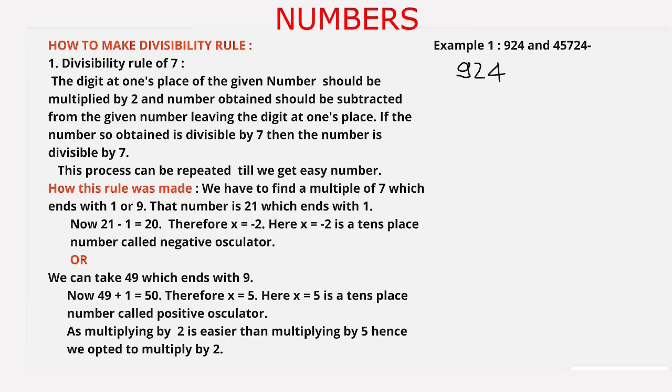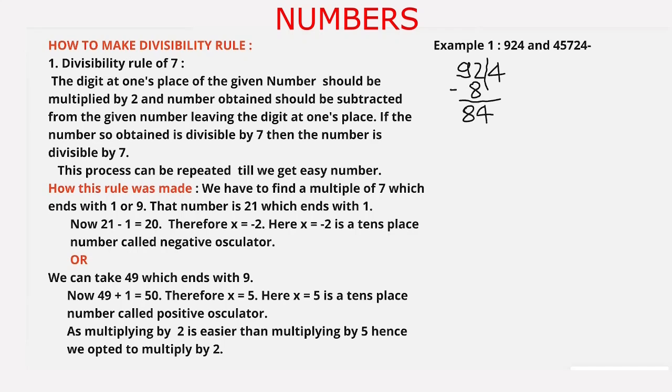Now we have to multiply 2 to this 4. So 4 times 2 is 8. So after leaving this 4, the number that remains is 92. So leaving this 4, we subtract 8 from 92 and we get 84.